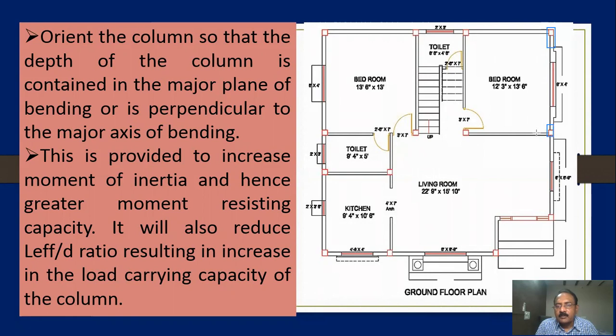If you provide it like this, it will come into your room. So if you have some interiors, you can plan it like this, with beams on two sides, so that it is easy to resist the bending moment on the column. So this is the position of the columns.